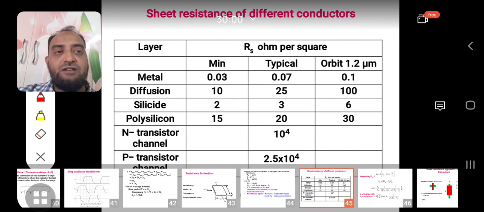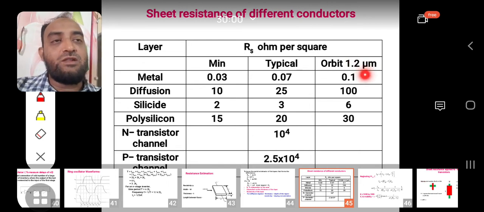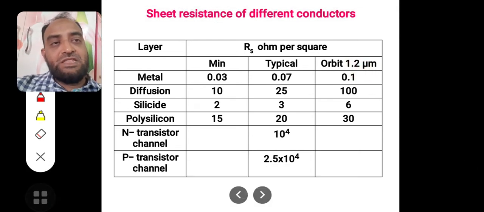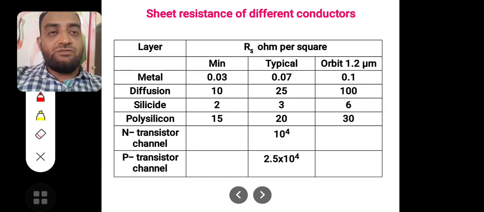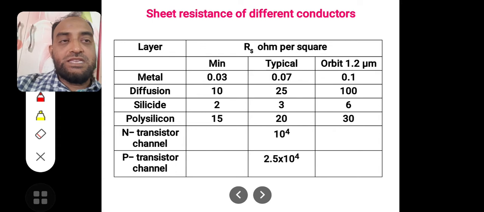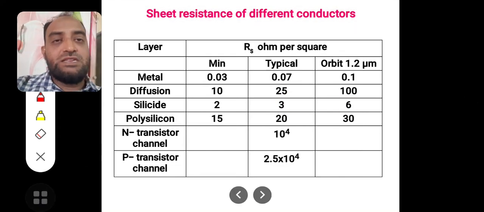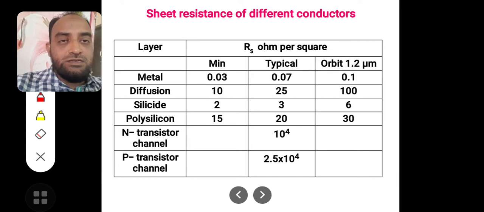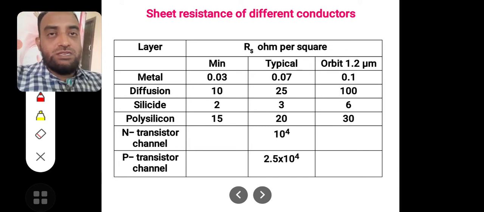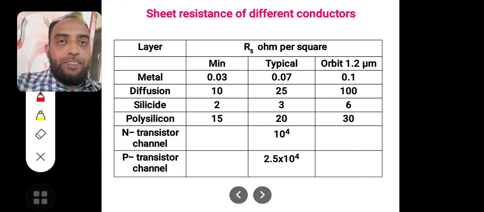Metal offers the least resistance, as we all know, because it is a conductor, whereas diffusion offers large resistance of up to 100 ohms, 25 ohms and 10 ohms. Silicides offer 2, 3, 6 ohms, which is low resistance and almost acts as a conductor.